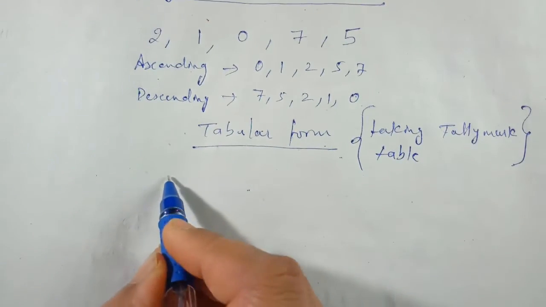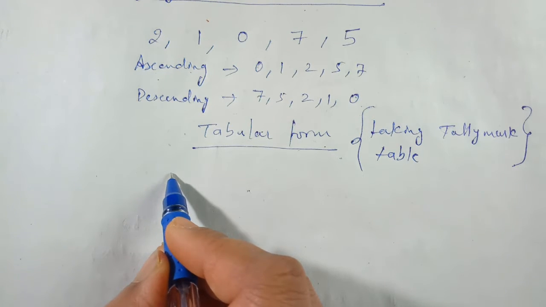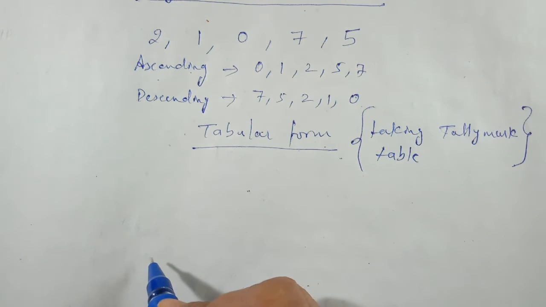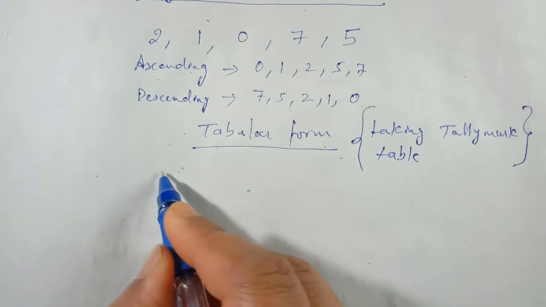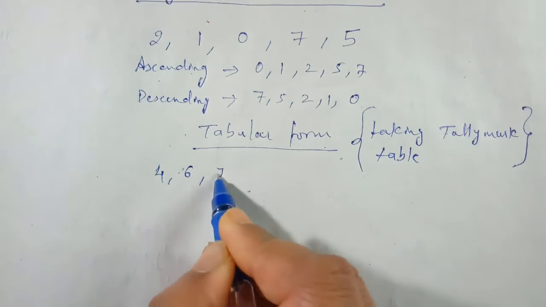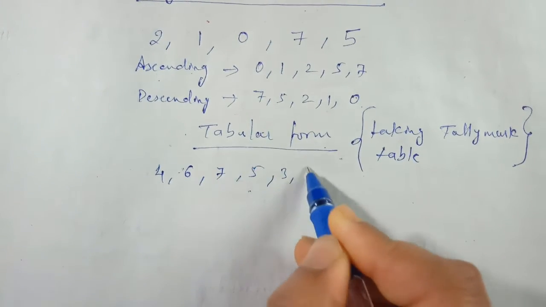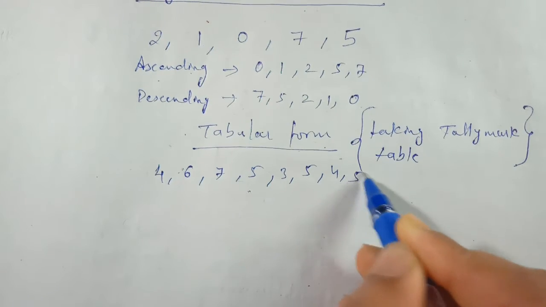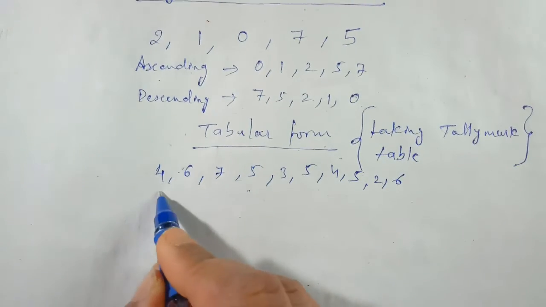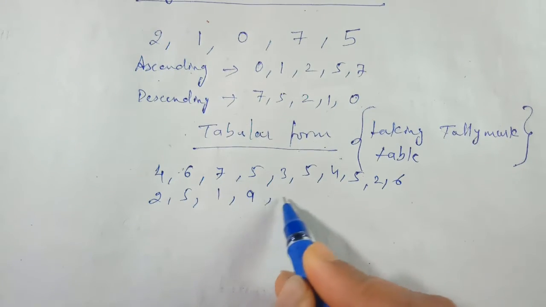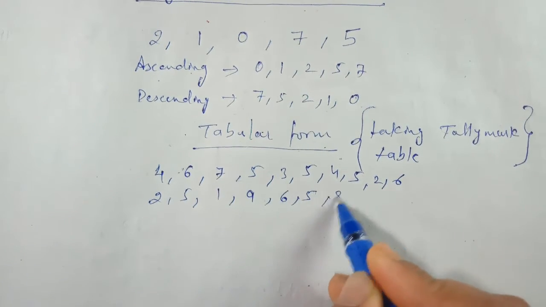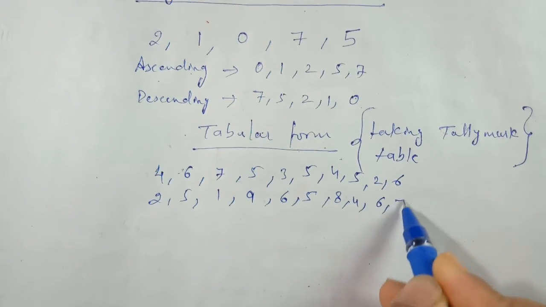Let us first take a data. Suppose information was collected about marks obtained out of 10 in a class test, and it was like this: 4, 6, 7, 5, 3, 5, 4. Some marks will be repeated: 2, 6 and 2, 5, 1, 9, 6, 5, 8, 4, 6, 7.